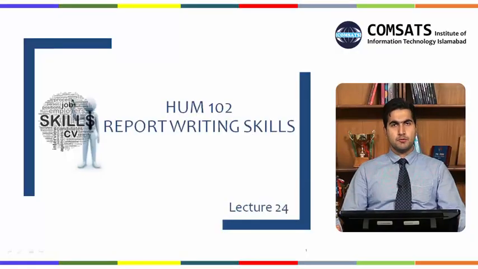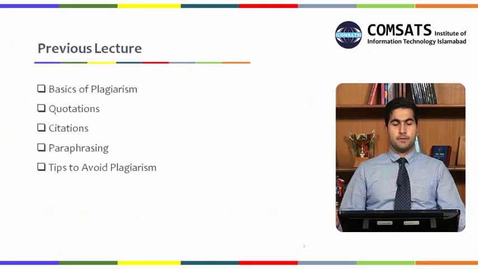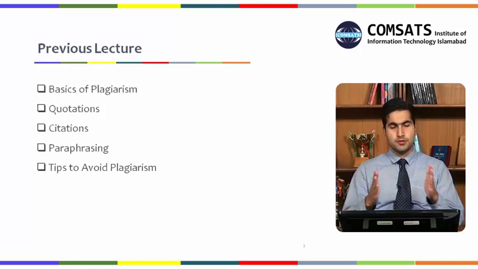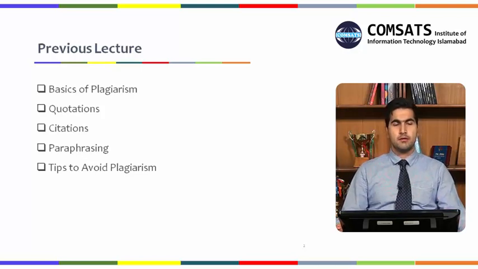So if you remember what we talked about, and if I take you towards that slide as well, these were the things covered in our previous lecture. Basics of plagiarism, and then we talked about the ways of avoiding it. Of course, we use quotation marks, for which you see quotations over here.